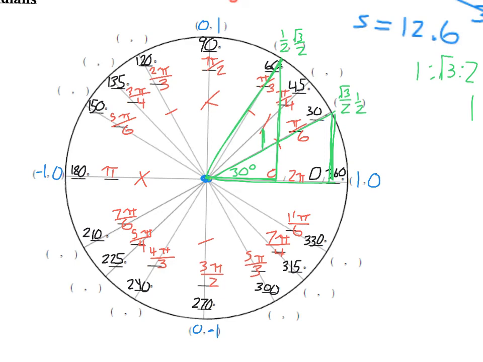Alright, we also learned about a special right triangle that's a 45, 45, 90. For 45, 45, 90 triangles, we know that both legs are the same length. And if the hypotenuse is 1, how do we find the other sides? Well, we divide by rad 2. 1 divided by rad 2, if you rationalize, is rad 2 over 2.